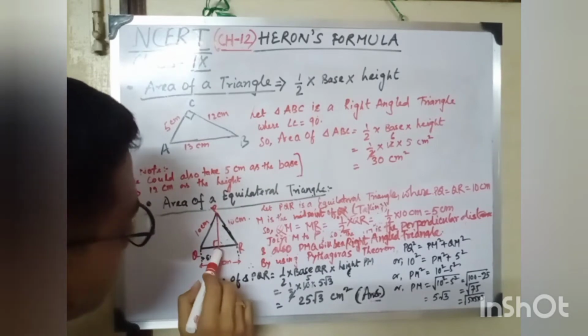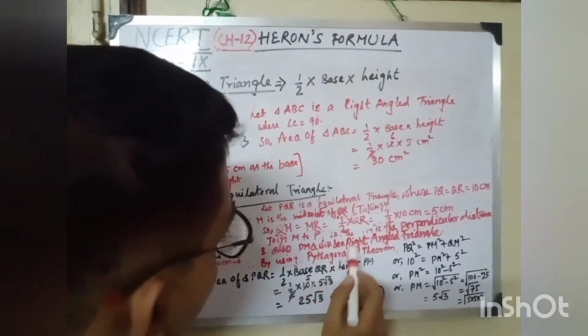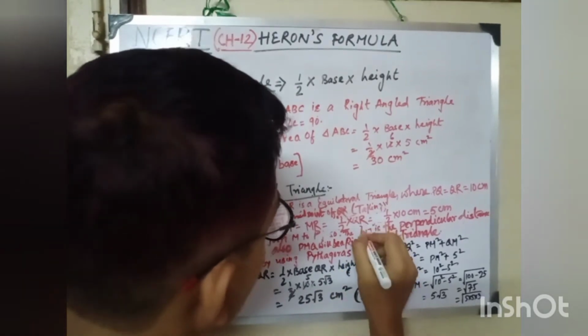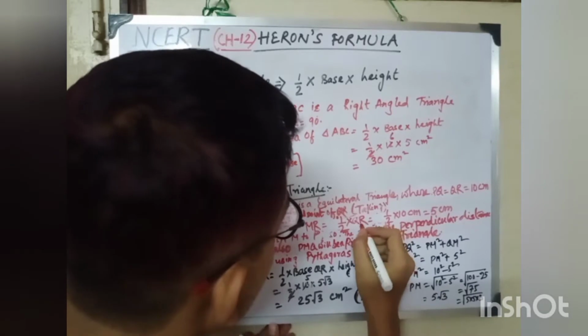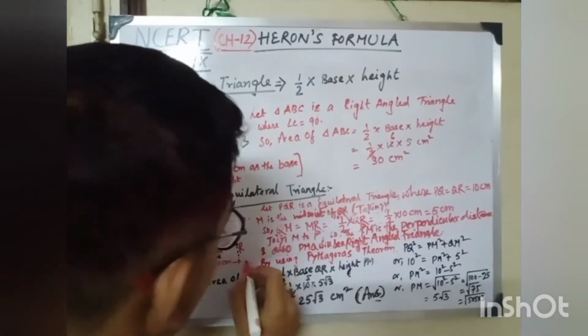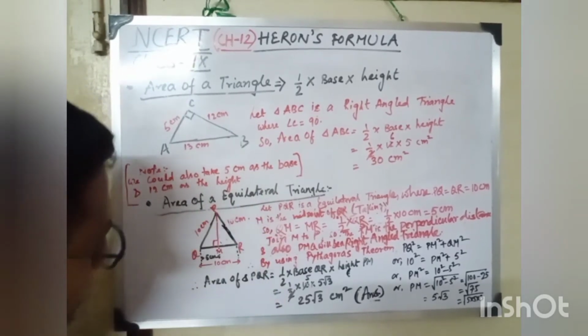You join M to P. So PM is the perpendicular distance, and PMQ is a right angle triangle according to this figure.